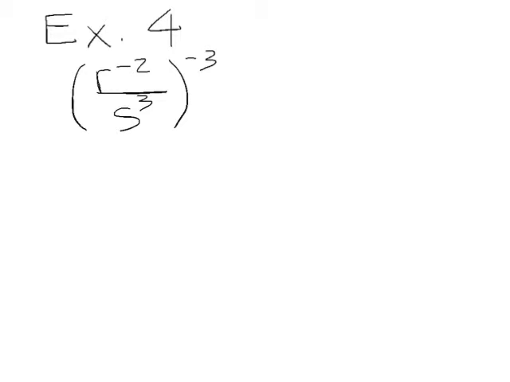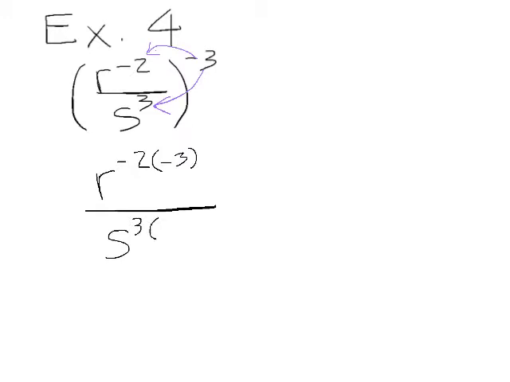The next thing that we're going to look at is we've got a power outside of the parentheses. And anytime we have a power outside the parentheses, we're going to take that guy and multiply him with all the exponents inside the parentheses like we did on our first example. This is going to give us r to the negative 2 times negative 3 power over s to the 3 times negative 3 power.